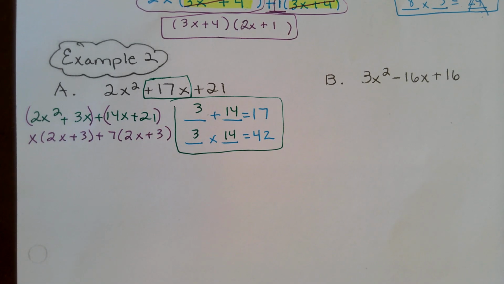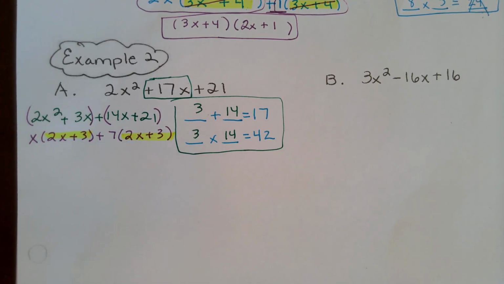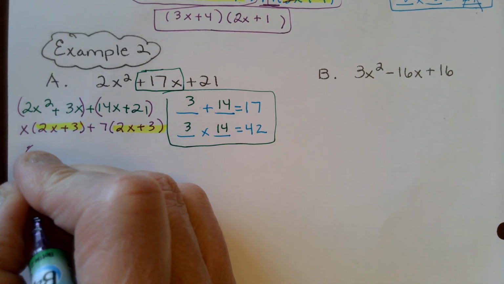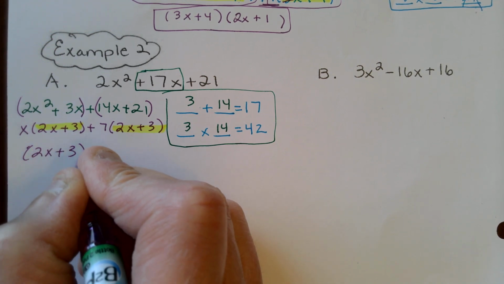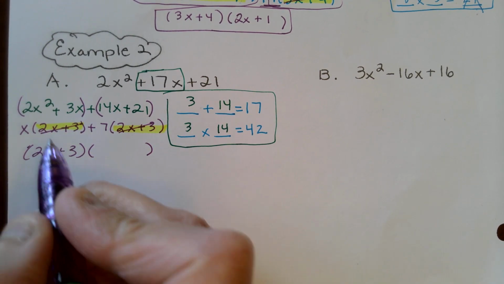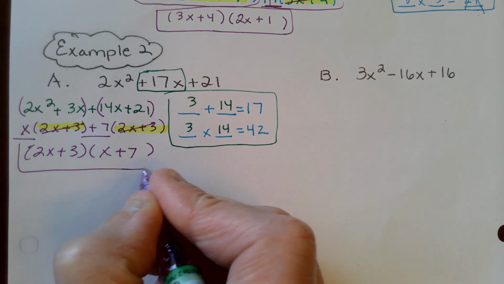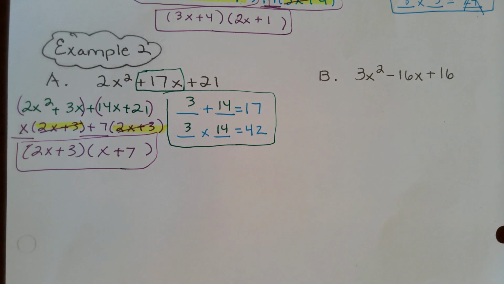Yay! As you can see, it works out pretty darn smooth. We can take that 2x plus 3 out front, and now we just see what's left. X plus 7. And we're done. All right, you guys try to set up the box for the next one.